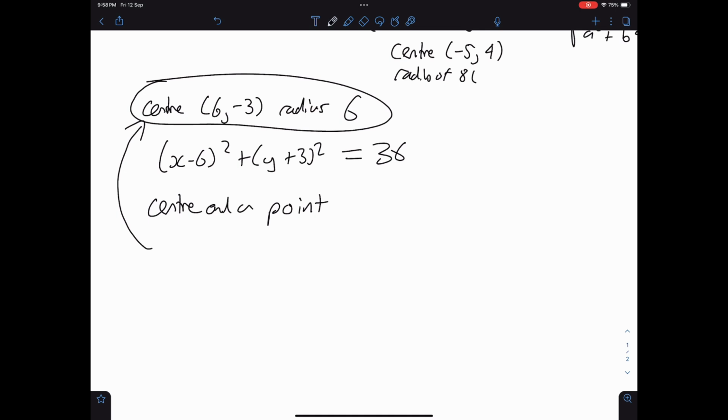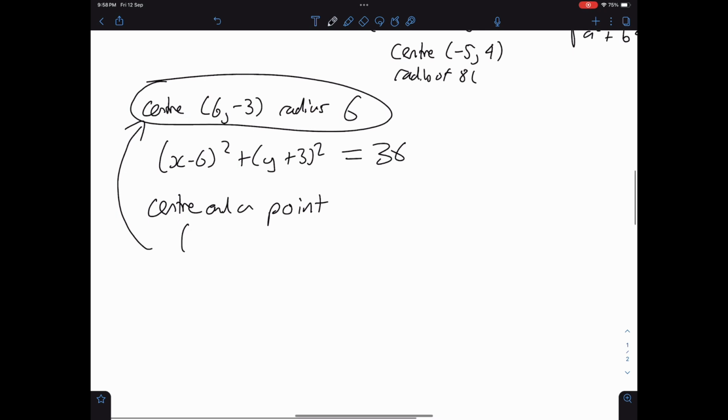And so we can use the centre and the point to get, we have the centre, we just need to use it to get the radius. And isn't the radius defined as the distance between the centre and anything on the circumference? So we could just do a distance formula.